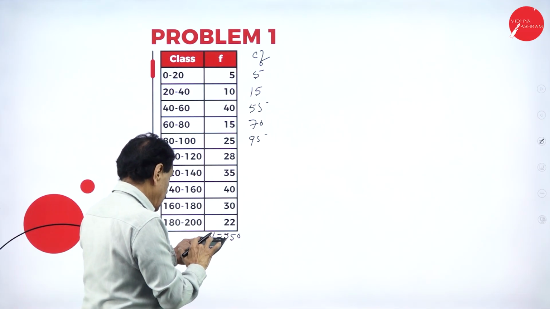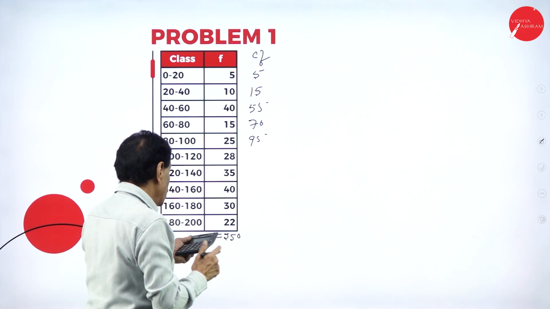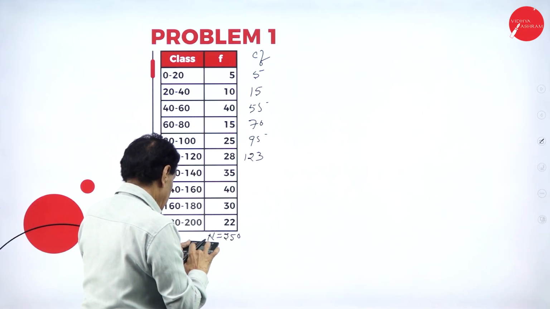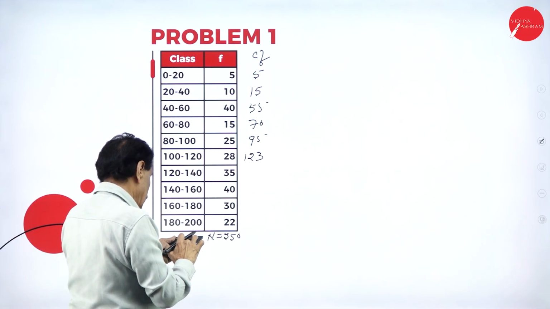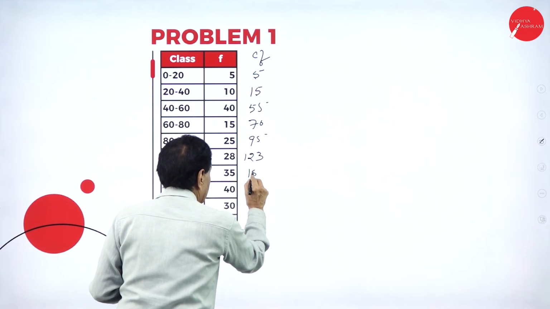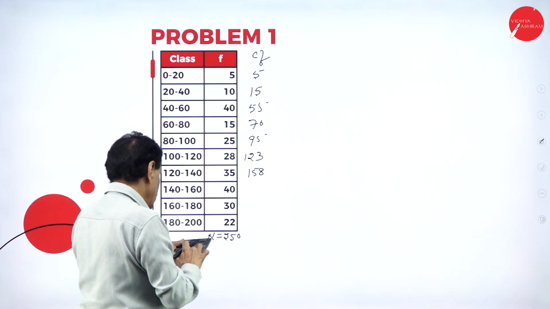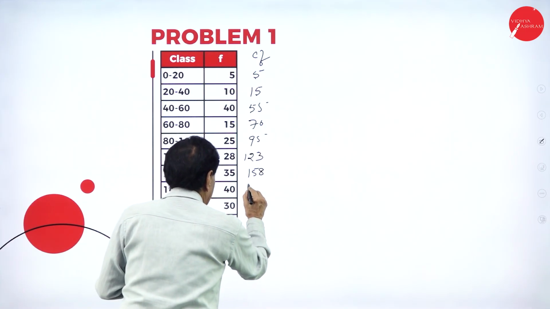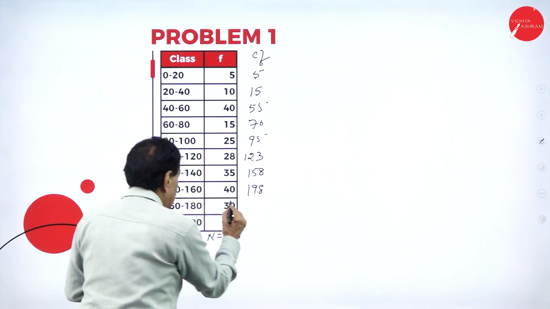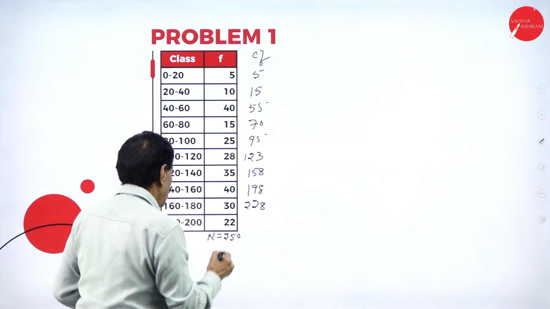So 95 plus 28 is 123. 123 plus 35 is 158. Plus 40, 198. 198 plus 30 is 228, plus 22 is 250.